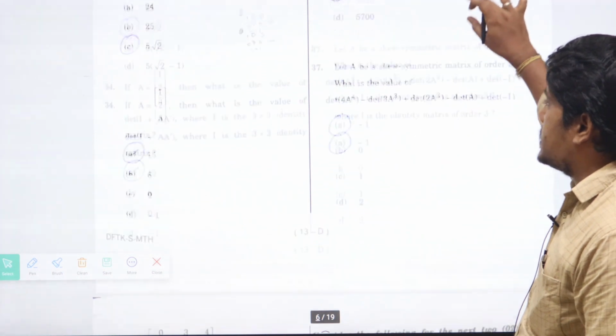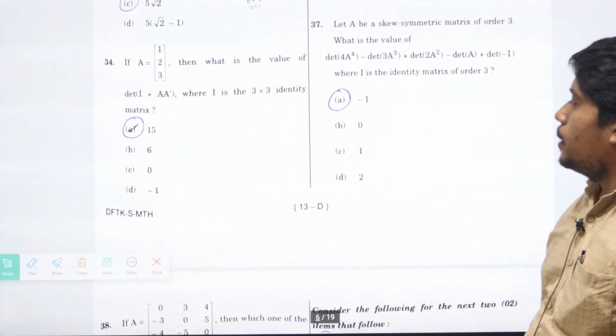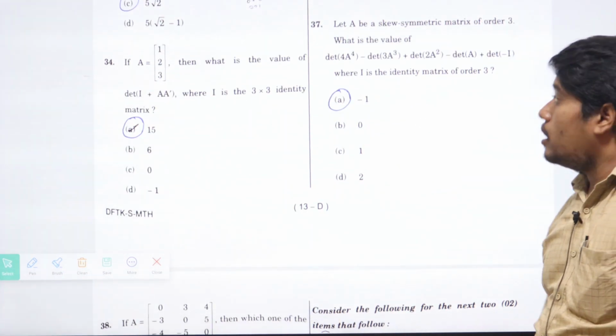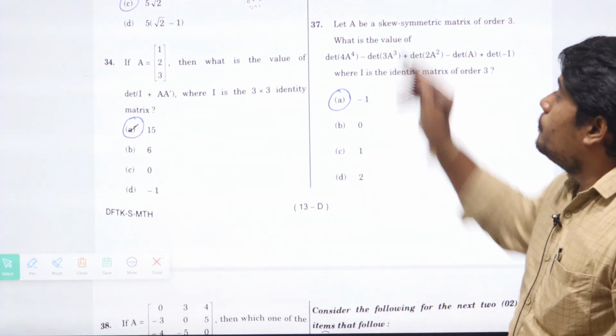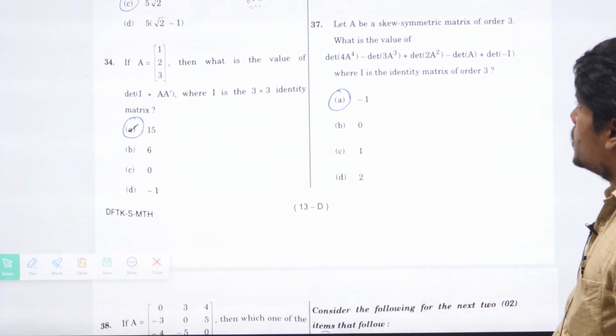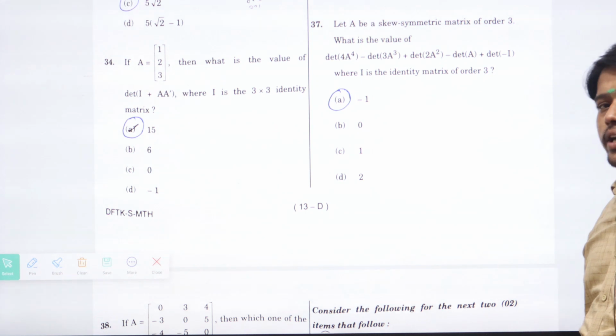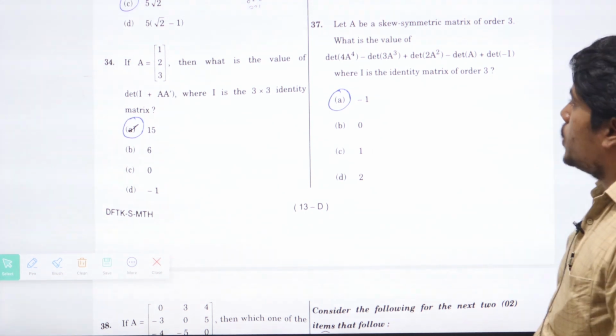Question number 37. So this is again a matrix and determinant concept. Let A be a skew symmetric matrix of order 3, which means 3 rows, 3 columns.